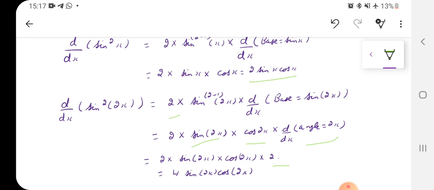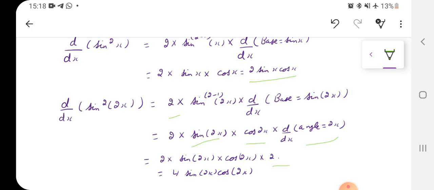With all these types of problems, you can find the differentiation of trigonometric functions as well. Now, how is this question done, once again. First of all, we use the power rule, power ahead, and we reduce the power by 1, into the derivative of the base. Base is sin 2x.